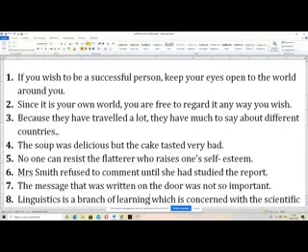We have two independent clauses here. The soup was delicious is an independent clause, and the cake tasted very bad is also an independent clause. We have two independent clauses coordinated by a coordinating conjunction.